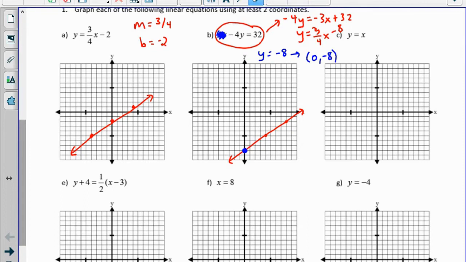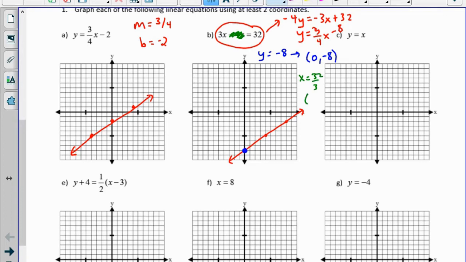I can also find the x-intercept by covering up y, or making y equal to 0. And then I solve by dividing by 3. So I get x = 32/3.